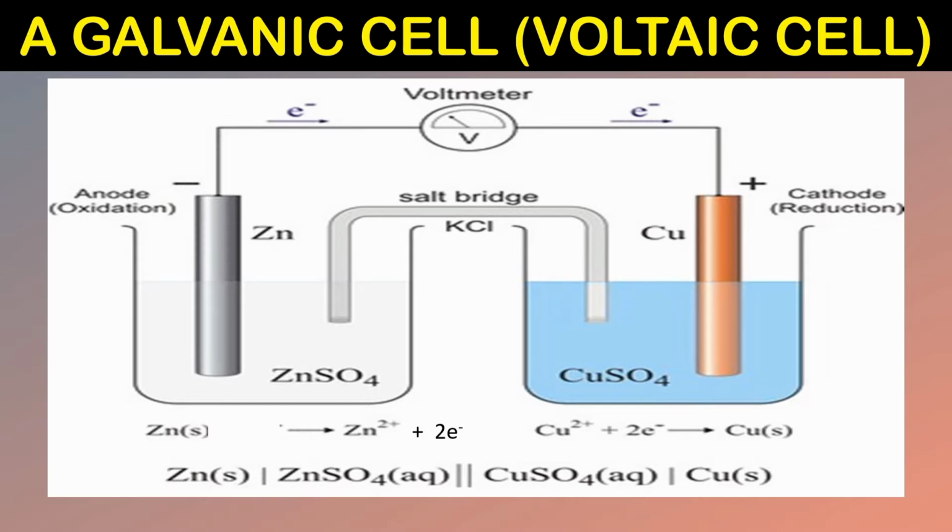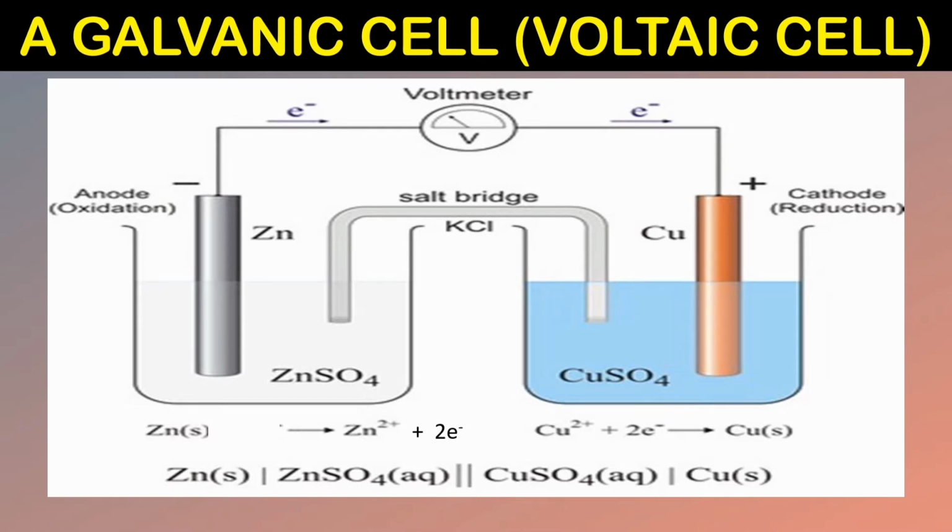And the two half cells are joined together by salt bridge. The salt bridge can contain different salts, but in this case it's potassium chloride. It can be potassium nitrate, it can be sodium nitrate, it can even be sodium sulfate or even ammonium chloride.